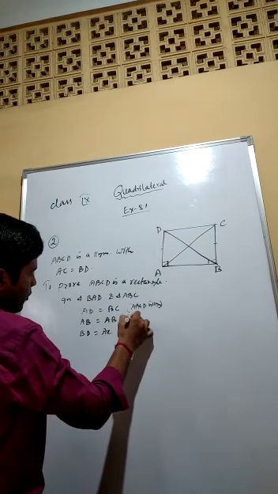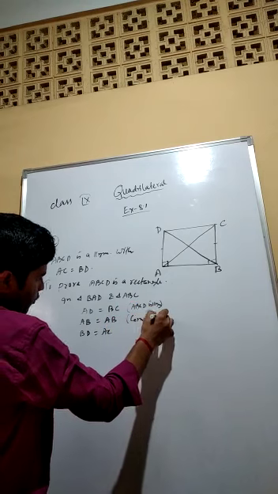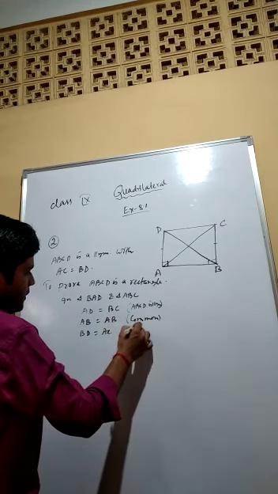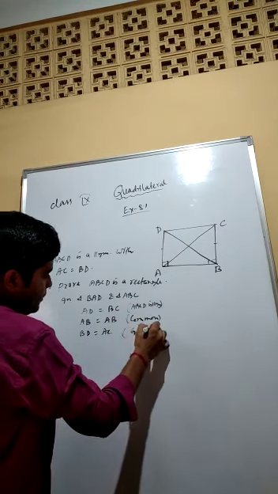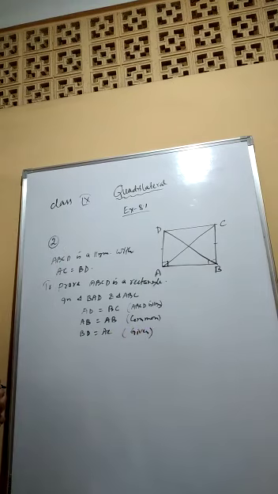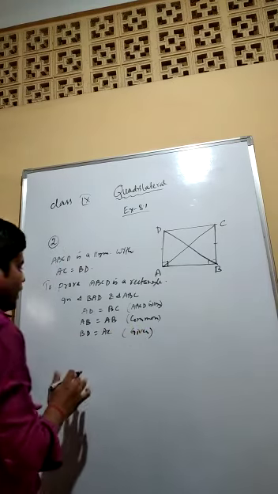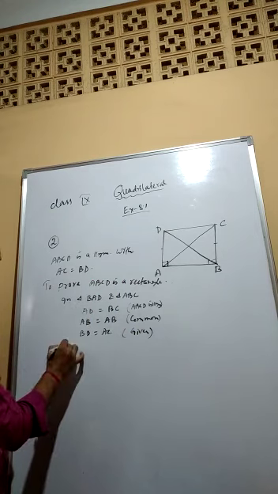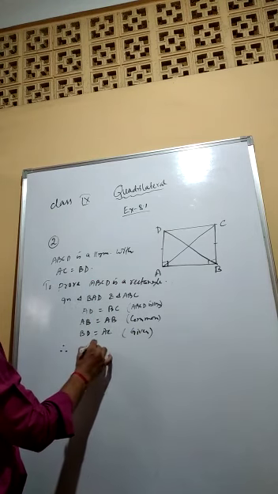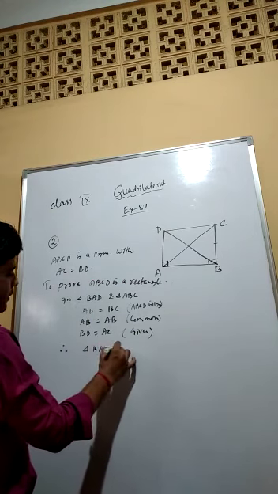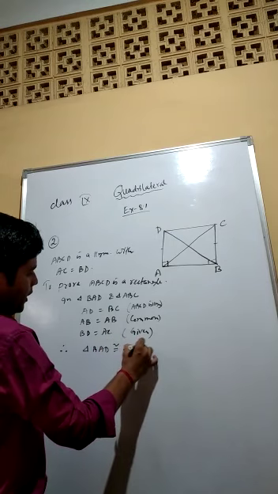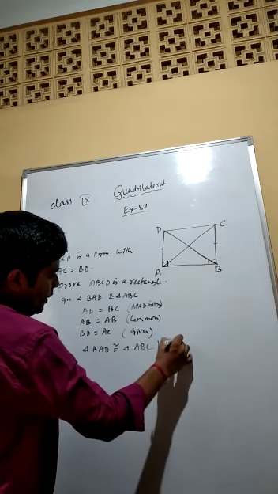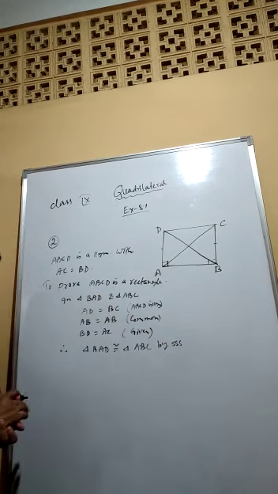This one is common, no doubt. It is the common side for both the triangles, and this one is given. So these are the reasons. Now in these two triangles we have got the three conditions. Therefore, triangle BAD is congruent to triangle ABC, by the property that all sides are equal.